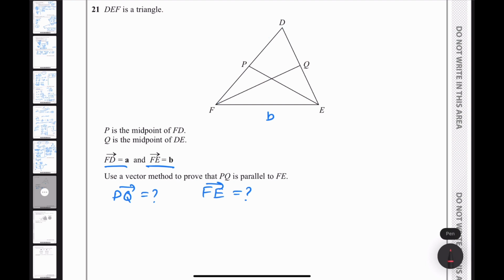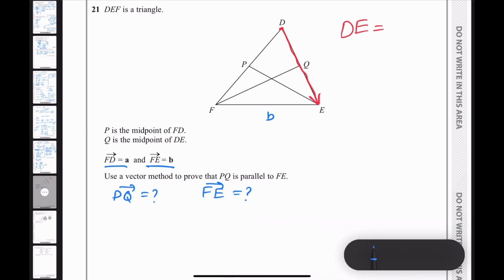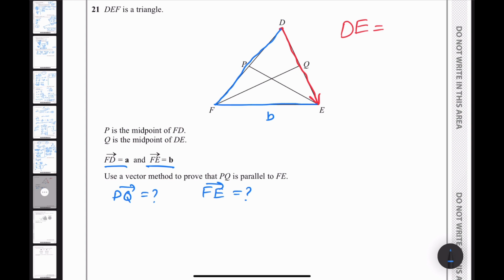We are looking for DE first of all. D to E will be found by going from D to F and then from F to E. So DE will be equal to DF plus FE. Now DF is the opposite of FD.